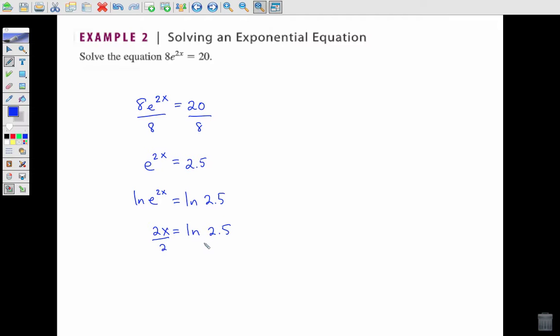Then step 3 is to solve for x, so I want to divide by 2. If you find the natural log of 2.5 and divide by 2 on your calculator, you'll get something pretty close to 0.4581.